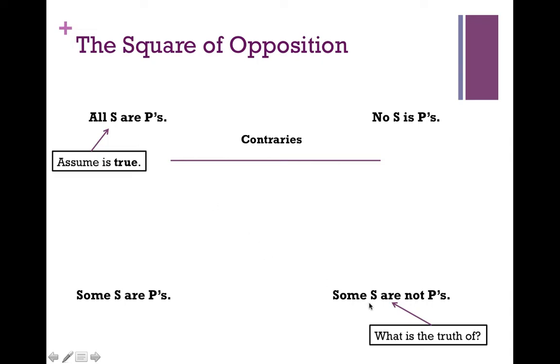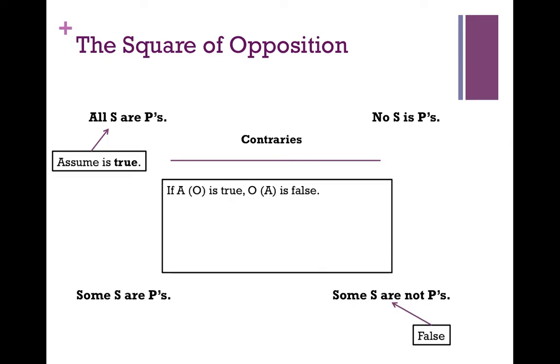Can it also be true that some of them are not smart? And the answer to that seems to be no. It is simply false. If all the students in the class are smart, then it can't be true that some are not. So we know that with absolute certainty. And here we can state the relationship that exists, that if an A form proposition is true, then the O is false.